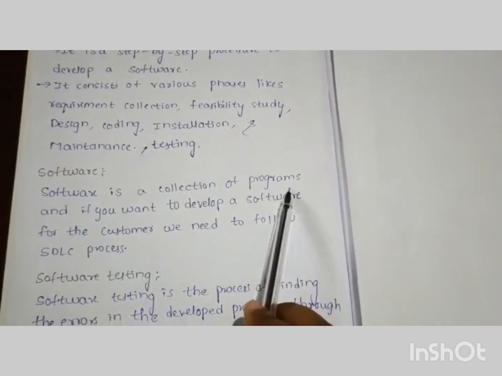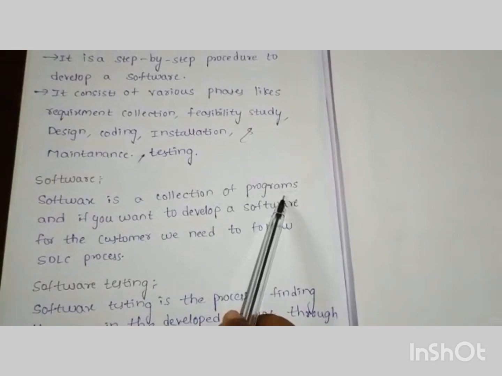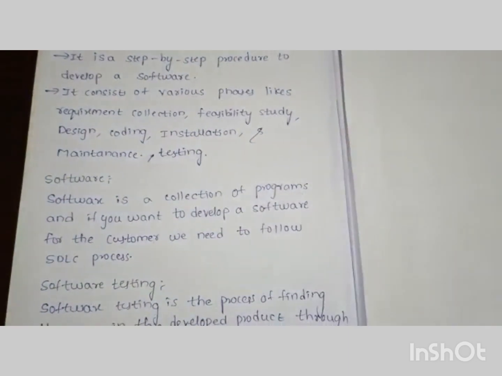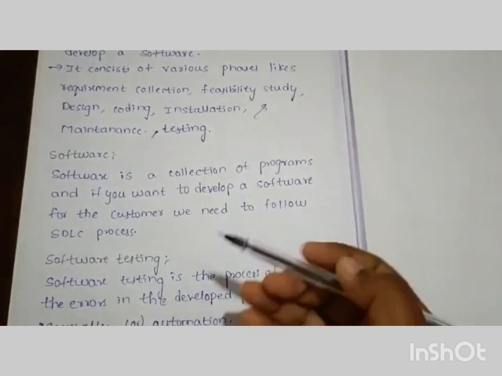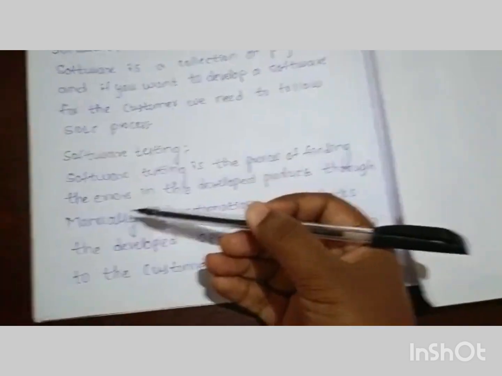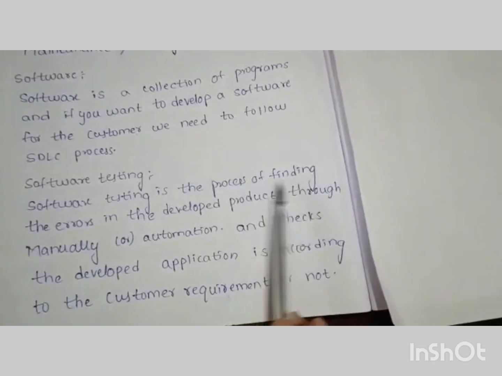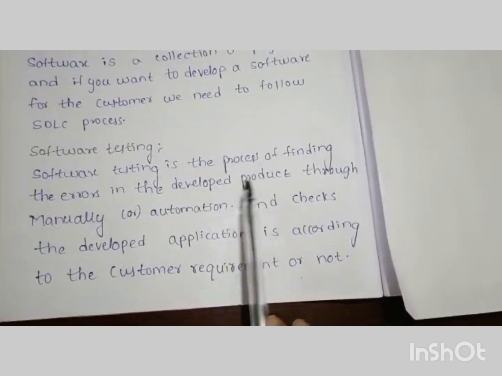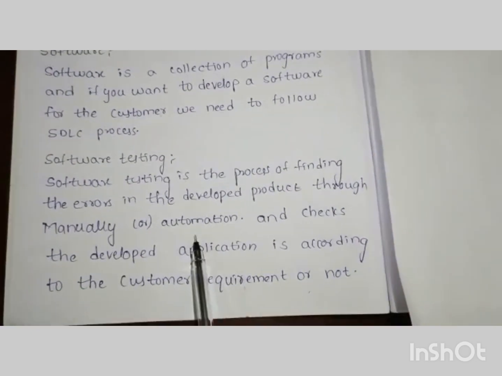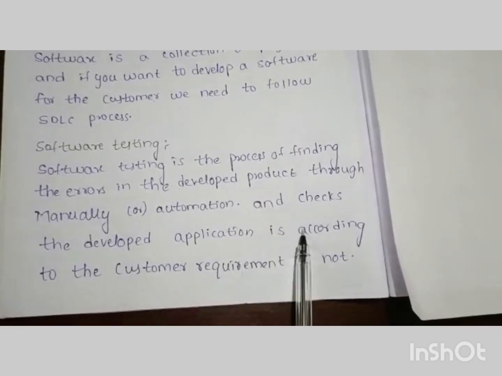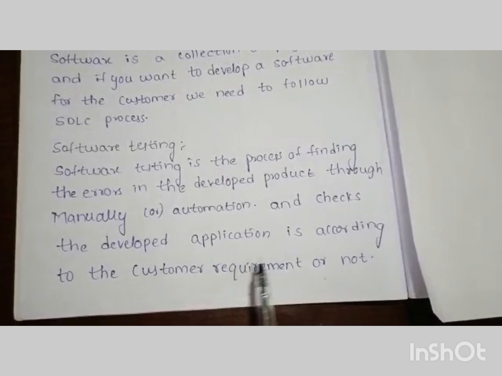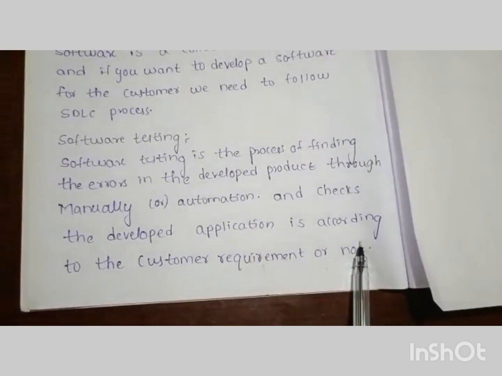So what is a program? Program means a set of instructions, means the procedure which we have to follow to develop a software. So what is software testing? Software testing is the process of finding the errors in the developed application through manual or automation, and checking whether the developed application is according to the customer requirement or not.